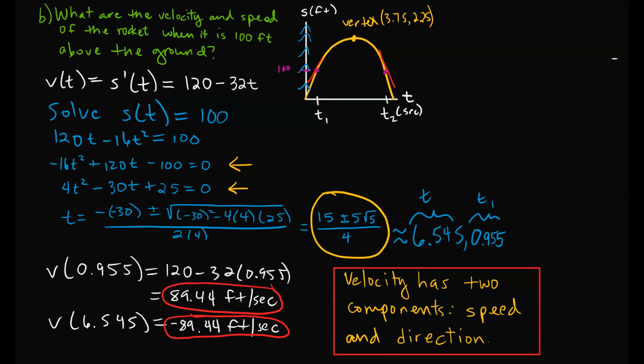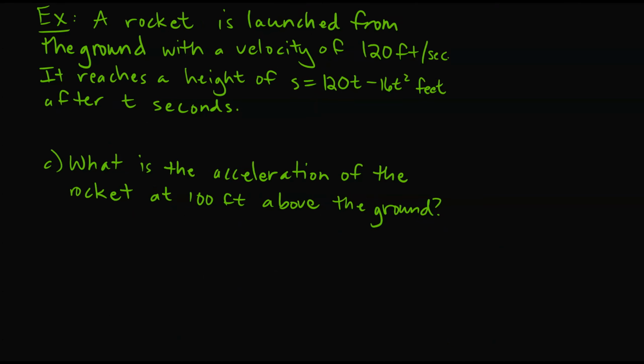So to answer the second part of our question, what is the speed of the rocket? At both times, the rocket has the same speed, and that's positive 89.44. But on the way down, we say the velocity is negative 89.44 because it's returning back down to the Earth. And the last question for this example, what is the acceleration of the rocket at 100 feet above the ground?